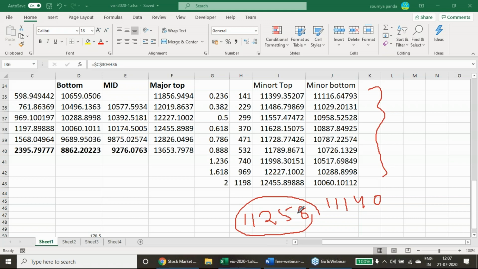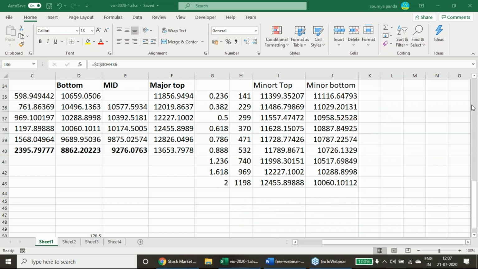From here, if the correction starts, then you will find 11,116 and 29, and these levels should come. If the rally continues, then it can find hurdles here. So these are the levels you need to watch out for in the Nifty once it crosses 11,258.